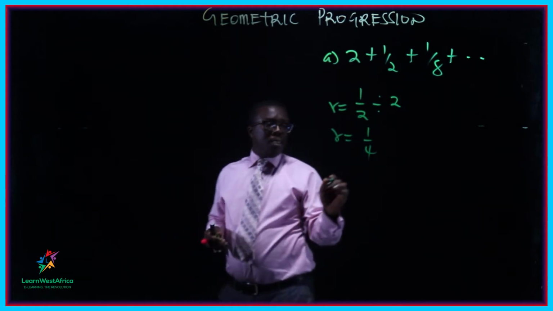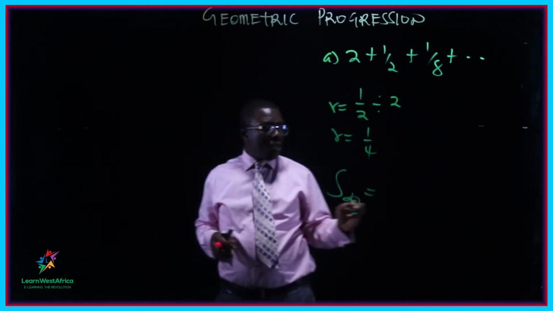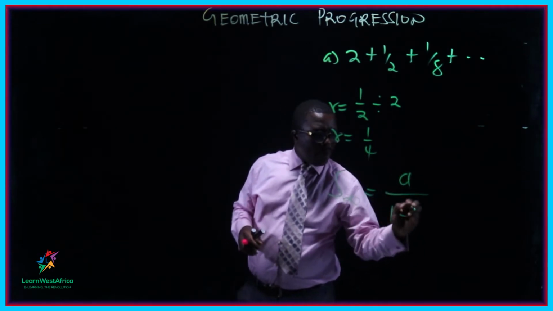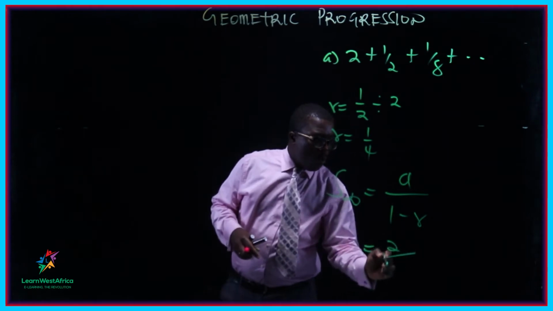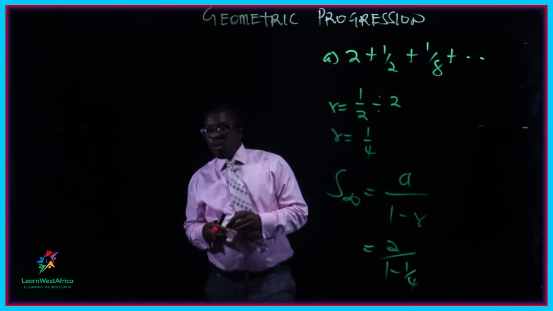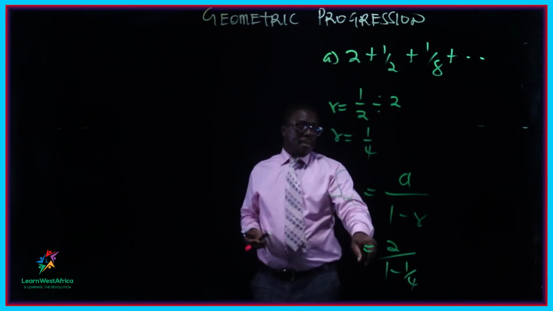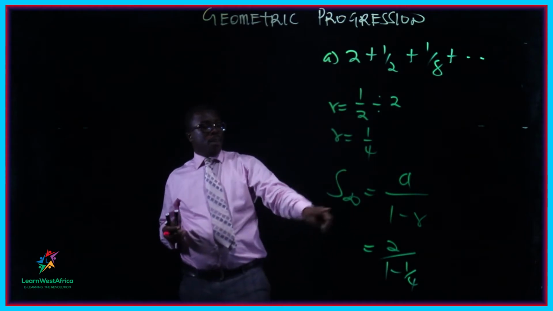The sum to infinity, denoted by the infinity sign, as was shown in the introductory video, is a over 1 minus r. Our first term is 2, so we have 2 over 1 minus 1/4. 1 minus 1/4 gives you 3/4.